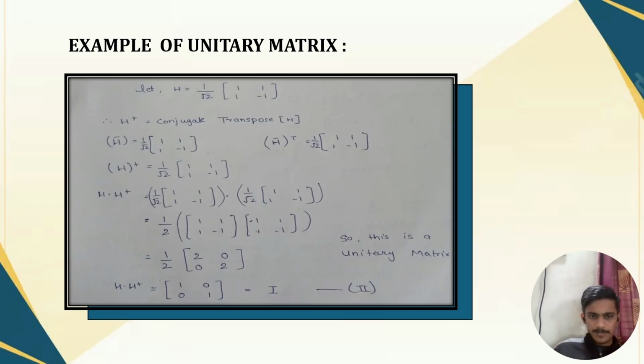So this will become 1 by root 2 1 1 1 minus 1 dot 1 by root 2 1 1 1 minus 1. So here 1 by root 2 times 1 by root 2 will come outside and become 1 by 2, and inside the matrix multiplication will be 1 1 1 minus 1 times 1 1 1 minus 1. So here 1 by 2, and 1 plus 1 is 2, 1 minus 1 is 0, again 1 minus 1 is 0, and 1 plus 1 is 2.